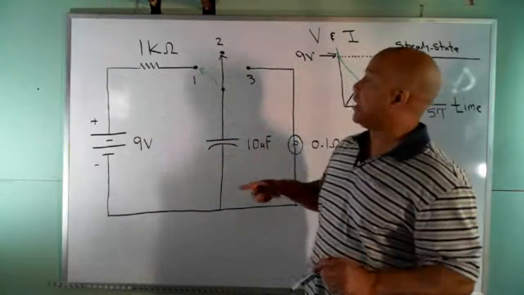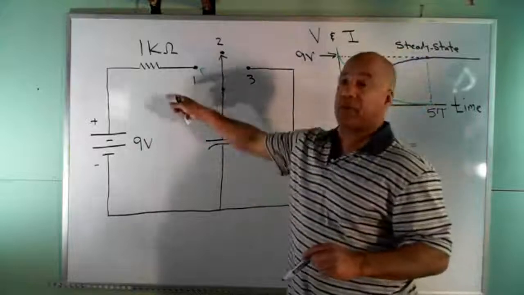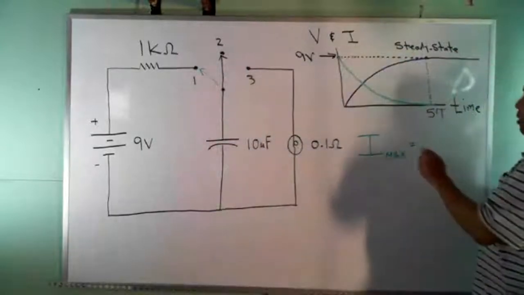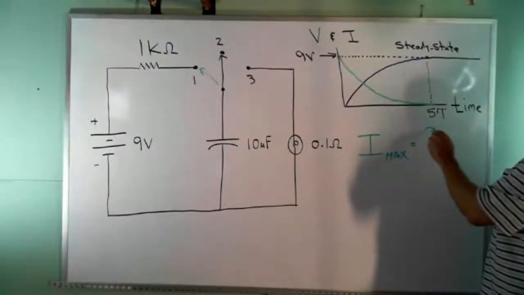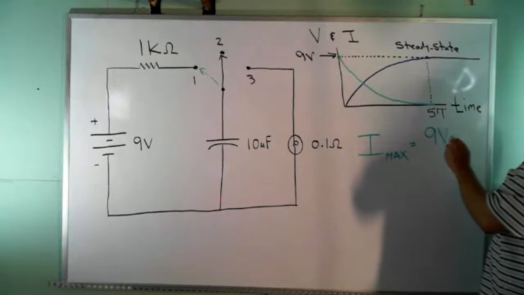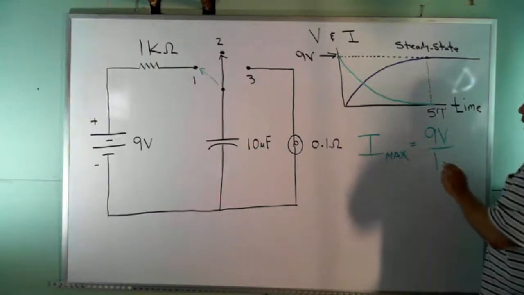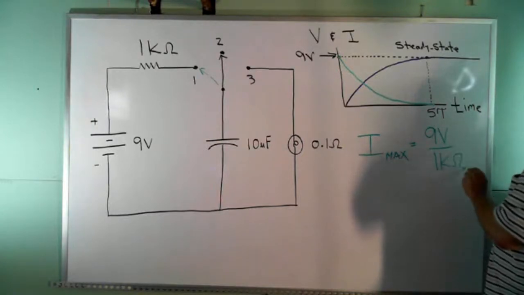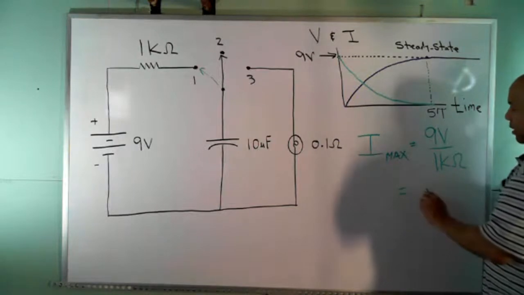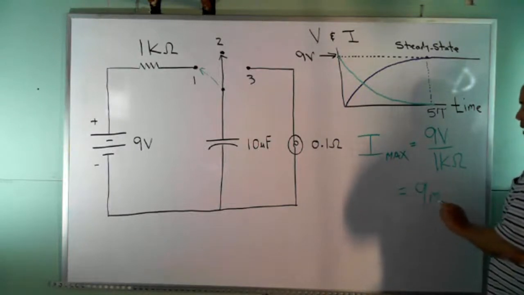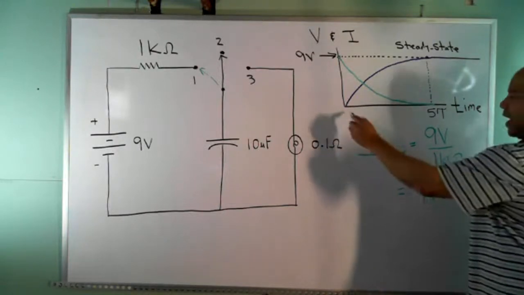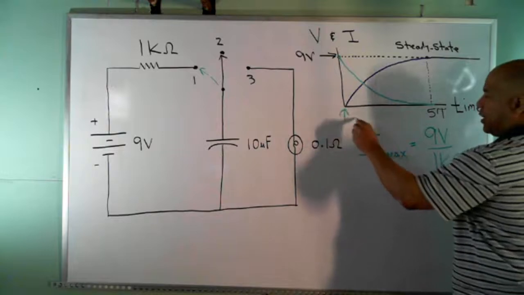So all the voltage, as you know, is across the resistor. Therefore, my maximum current is going to be 9 volts, which is all across the resistor, divided by 1 kohm. So my maximum current is going to be 9 milliamps. And again, that happens right here at t equals 0.